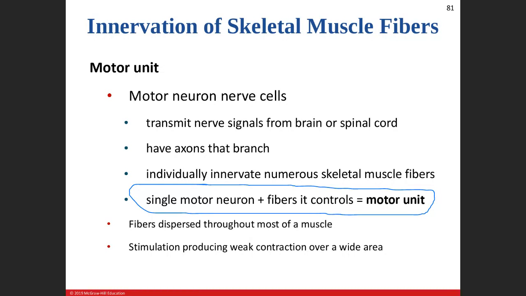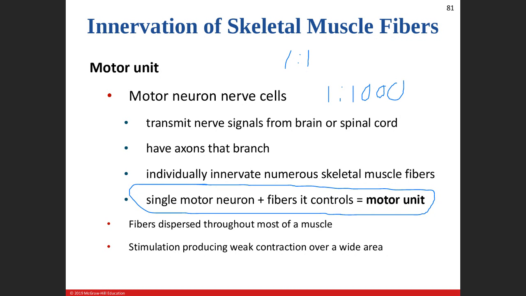Right? So the larger the ratio, so if you have what we call a 1-to-1 ratio, one motor unit and one muscle fiber, you're going to have much more fine control. The eye, for example, the motor units in your eye, you have more closer to a 1-to-1 ratio. If you have a 1 to 1,000 ratio, one motor neuron will innervate 1,000 muscle fibers, that's going to be more like your quadriceps.